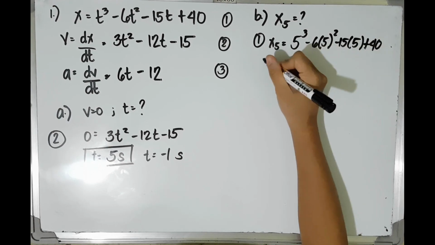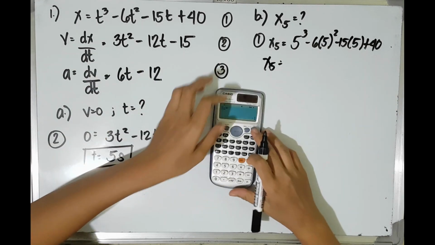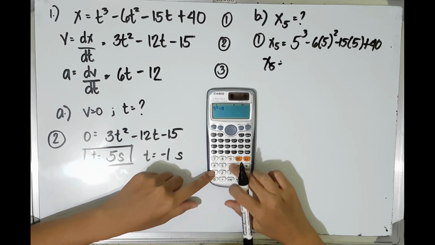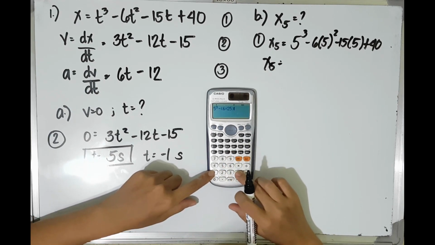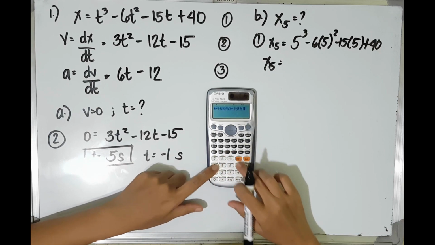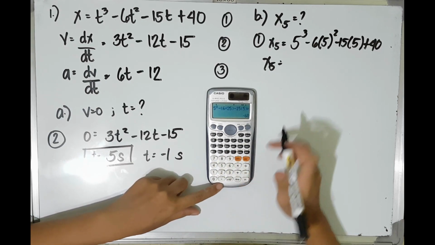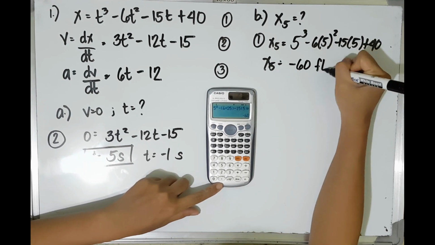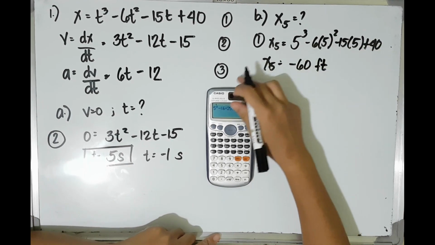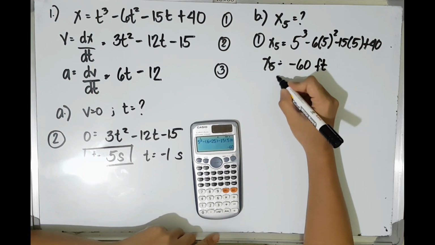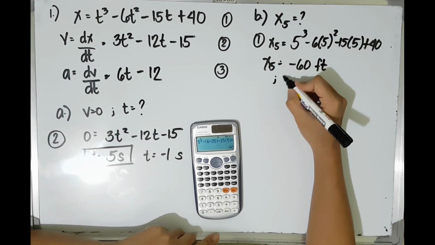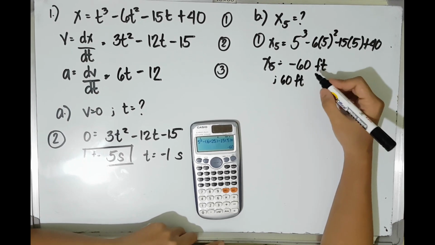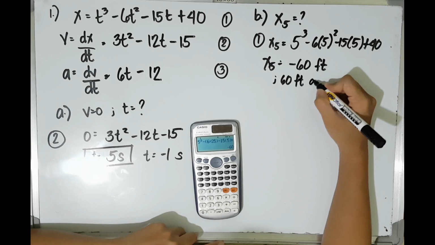So the position at time equal to 5 seconds will be negative 60 feet, or 60 feet going to the negative direction.